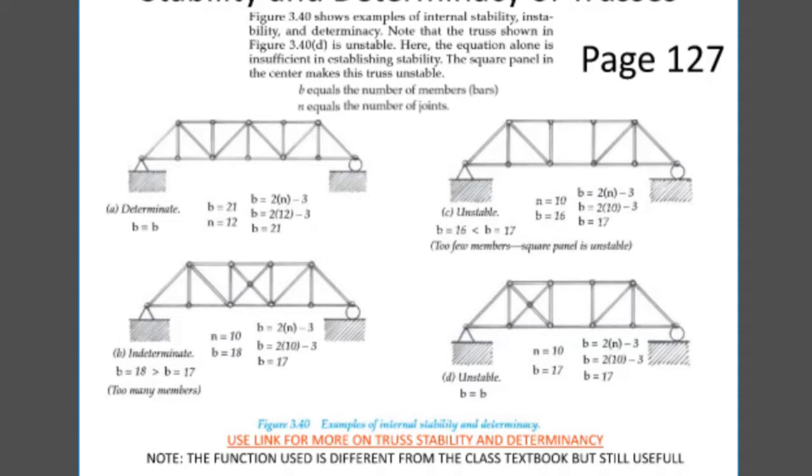And lastly, in image D, where b is equal to 2n minus 3, or the number of bars or members is equal to the number required per the formula, we find that the truss is unstable. This here was figure 3.40, examples of internal stability and determinacy, once again on page 127. You can use the link below for more information on truss stability and determinacy. Note that the function used in the video is different from the class textbook, but it can still be useful.